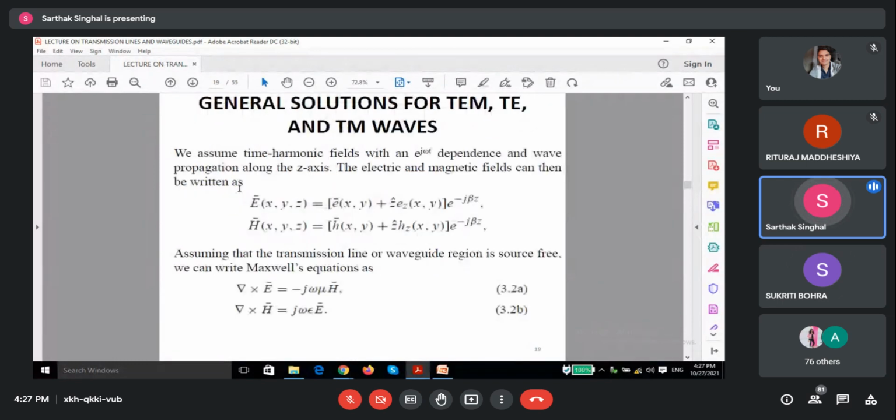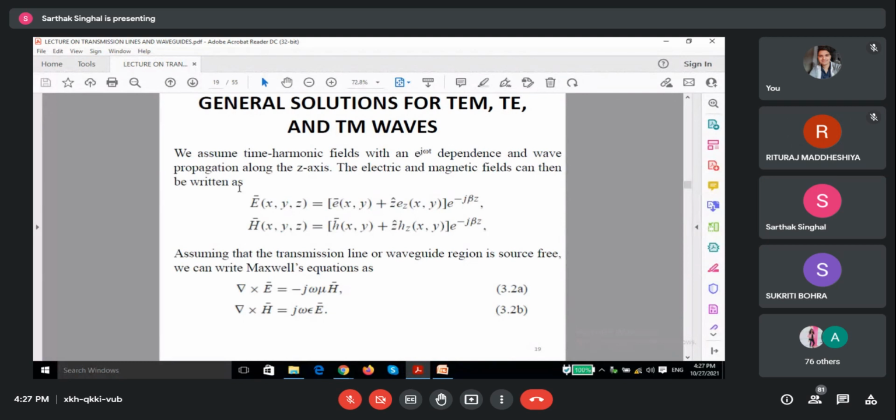So these are the two basic equations for the time harmonic field with time dependence, and the wave is propagating along the z direction. Is it clear?